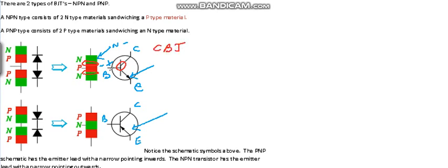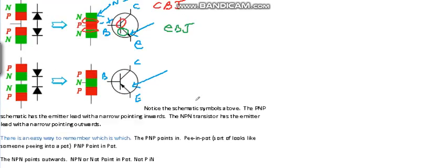Then over here, where the base meets the emitter, that is the EBJ, or emitter base junction. The same thing goes here: we have a collector to base junction and an emitter to base junction.